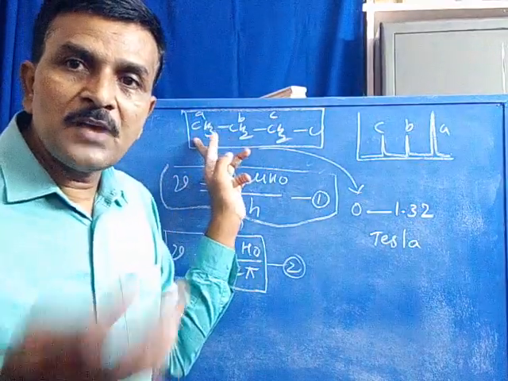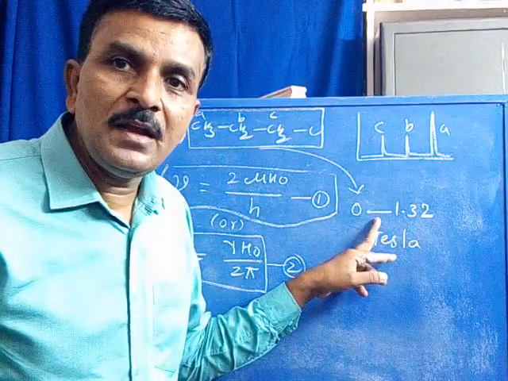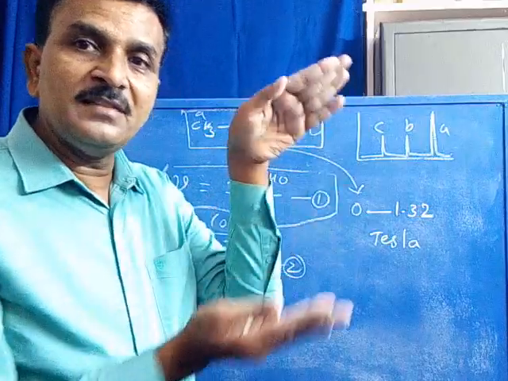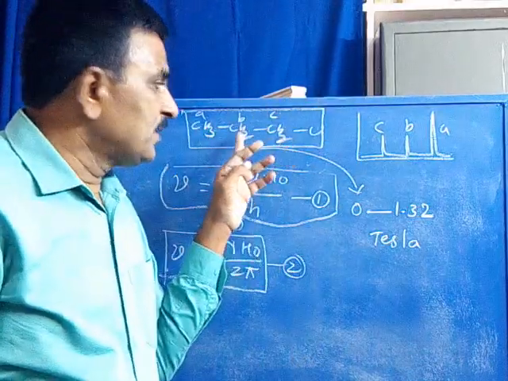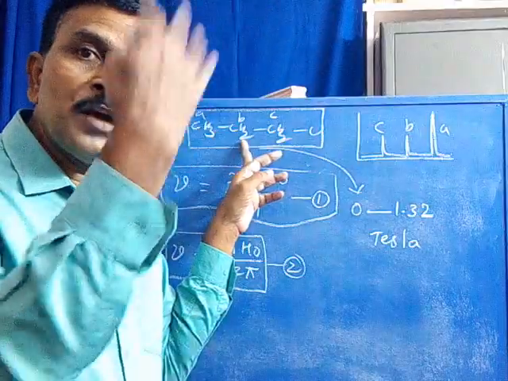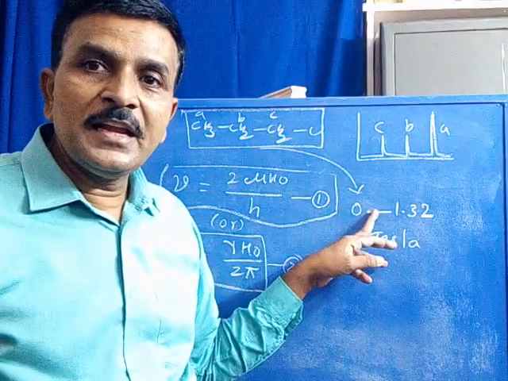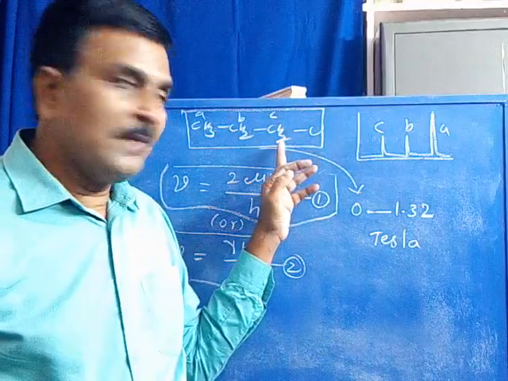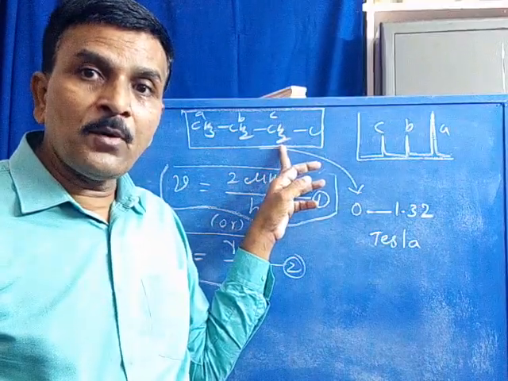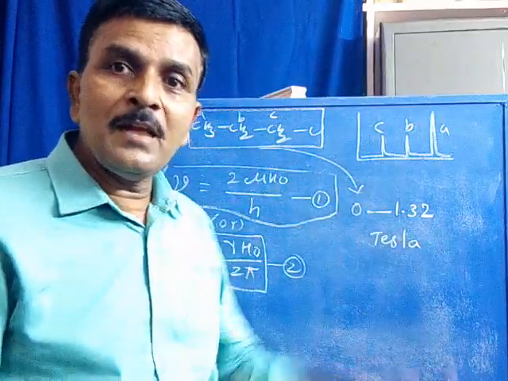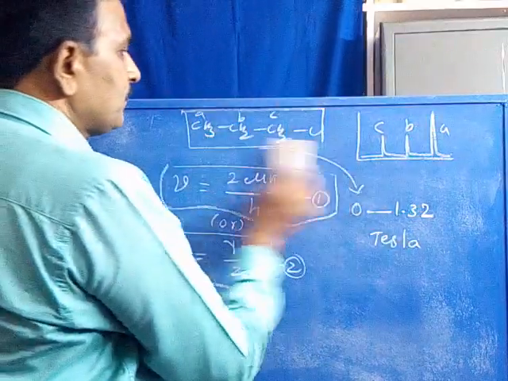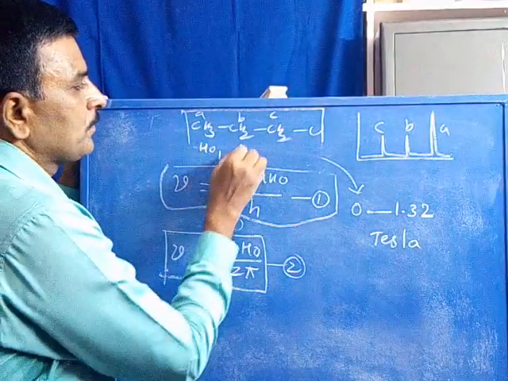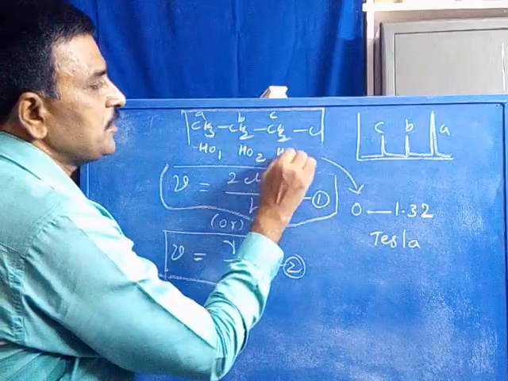CH3 protons consume external magnetic field for splitting of its degenerated state into its energy levels. Similarly, the middle CH2 protons also consume an external magnetic field for splitting of the degenerated state into energy levels. Similarly, the C protons also consume external magnetic field, that is H01, H02, H03.